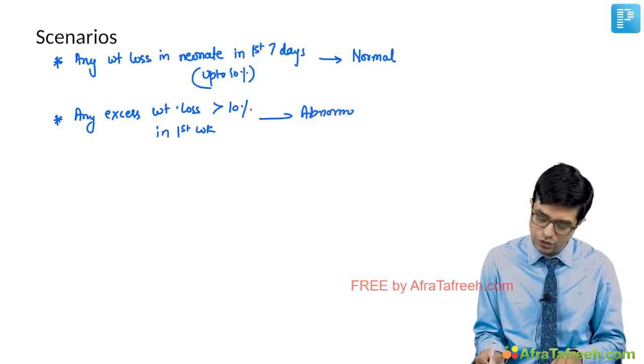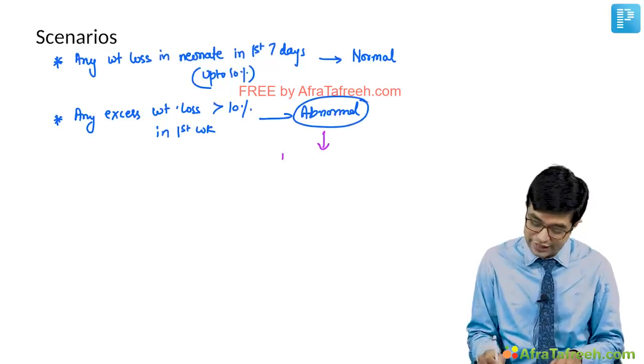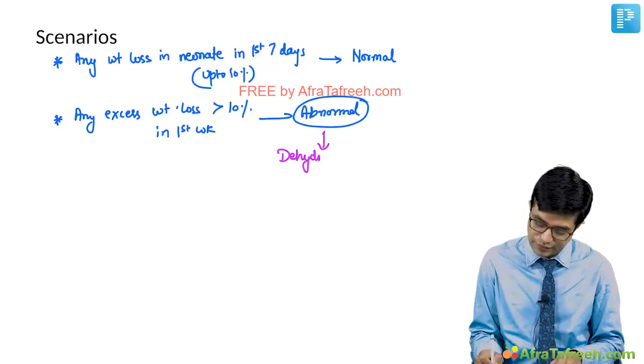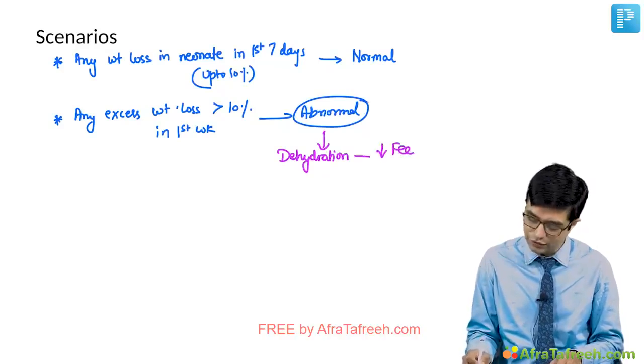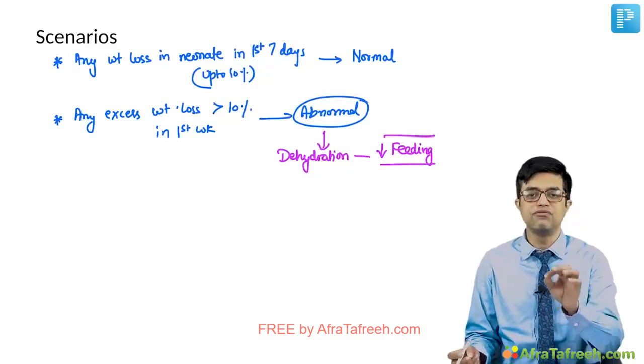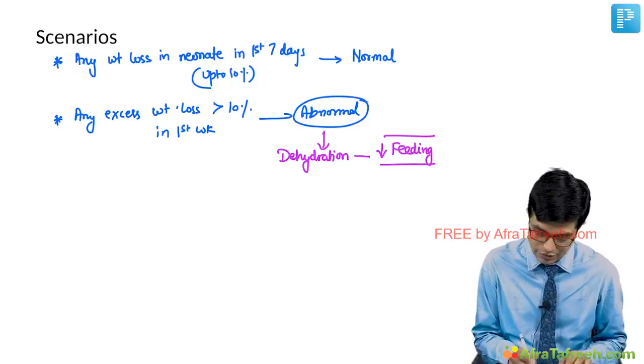And what is the most common reason for this? It occurs due to dehydration. And the cause of dehydration will be less feeding of the child. Exclusive breastfeeding is not proper, so you would increase the feed of that child. So that is the second scenario which can be asked to you in entrance exam.